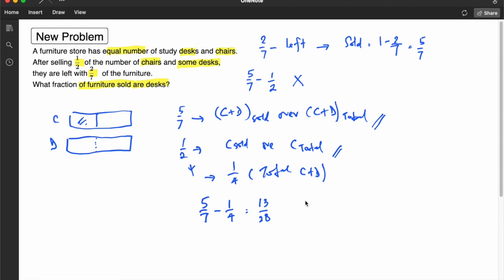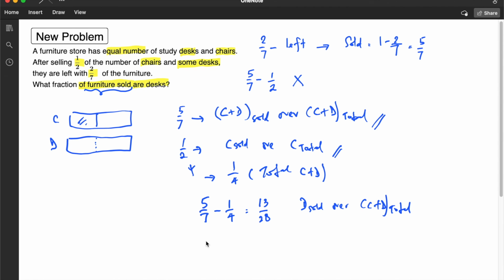So what is this fraction? This is the fraction of desks that are sold over the total of chairs and desks. But the question asks for the fraction not over the total number of chairs and desks, but only of the furniture that is being sold.